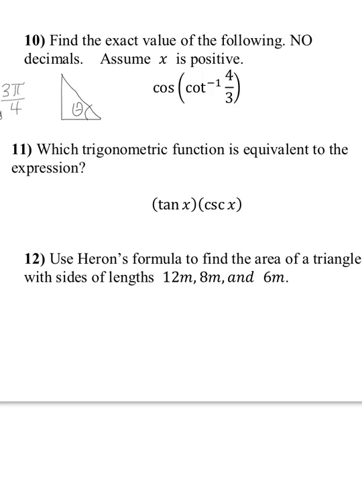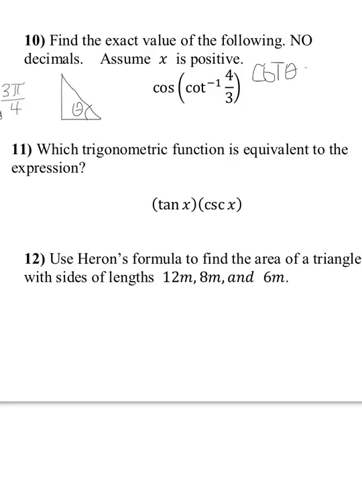Okay, so for problem 10, we have find the exact value of the following, no decimals. All right, so the way we're going to do this is we're going to find the cosine of this triangle here that's formed by the cotangent inverse of 4 over 3. Well, we know that cotangent is adjacent over opposite.